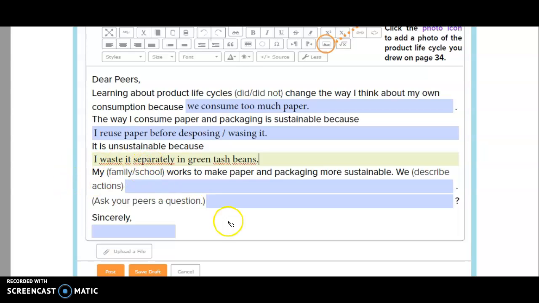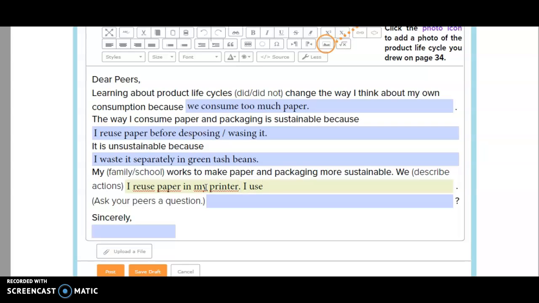My family or my school works to make paper and packaging more sustainable and try to think of actions, specific actions. For example, I reuse paper in my printer.